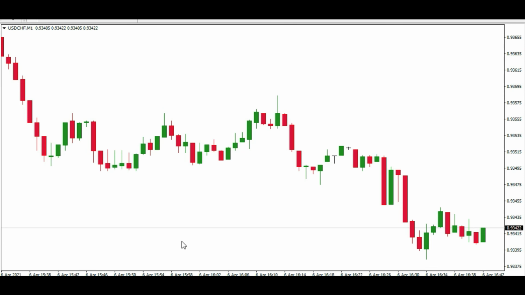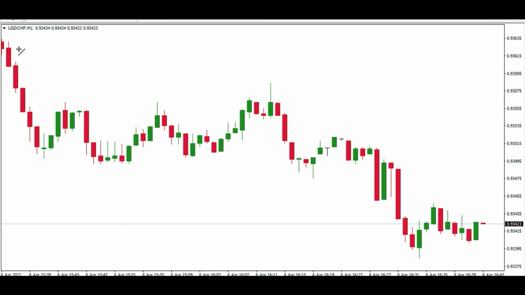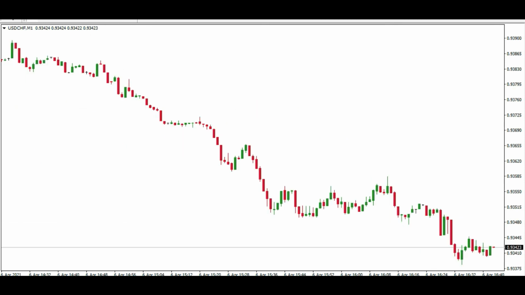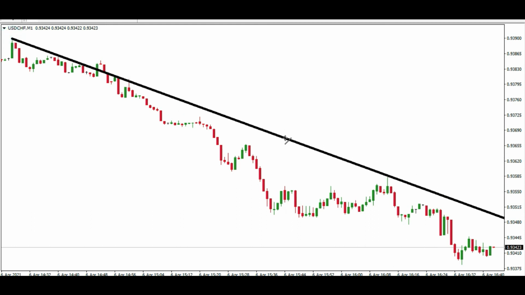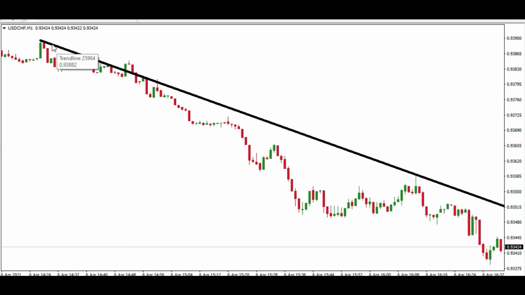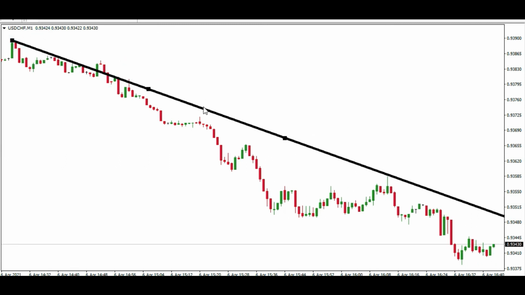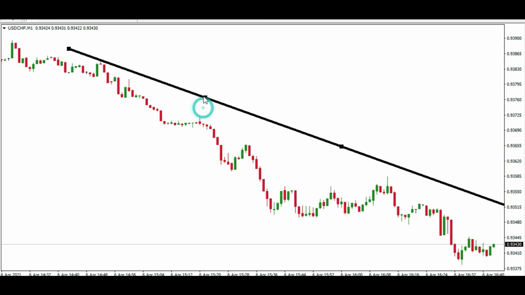Now, this is the 1 minute chart for US dollar Swiss franc, and if you see this, we can draw a trend line easily. For example, like this. Oh no, this is the wrong trend line, because, like I said, we cannot go across the price.